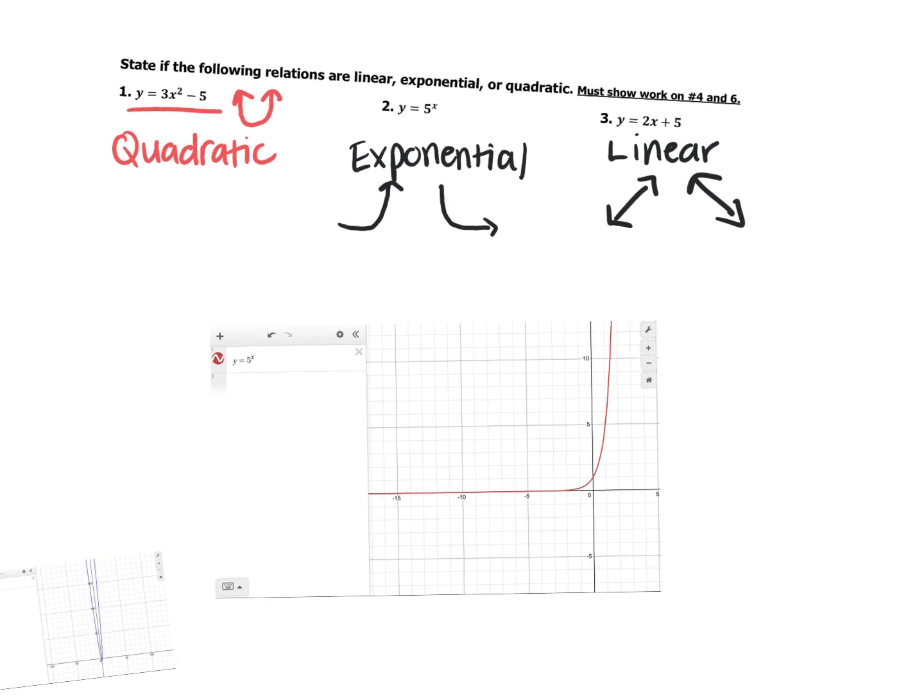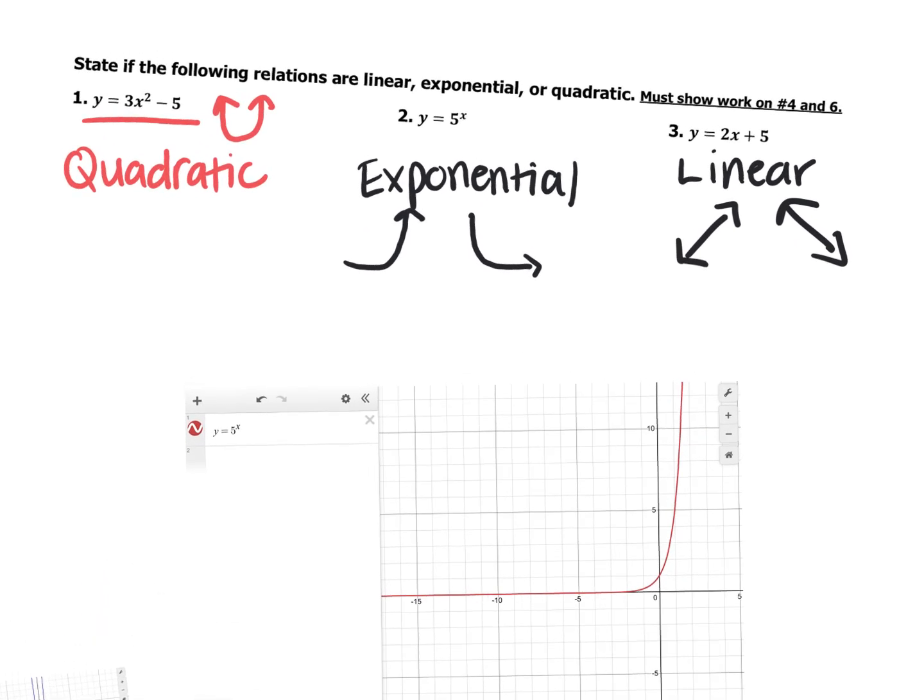Now, if you don't want to necessarily look at the graphs, you don't have to, but you have to know what makes a quadratic. Looking at number 1, this little 2 right here, that exponent of a 2, that's the biggest exponent, that's what makes it quadratic. For an exponential, all exponentials have an exponent of x.